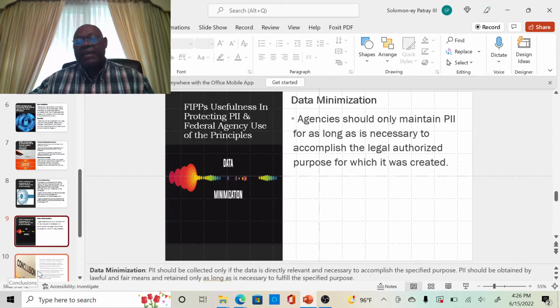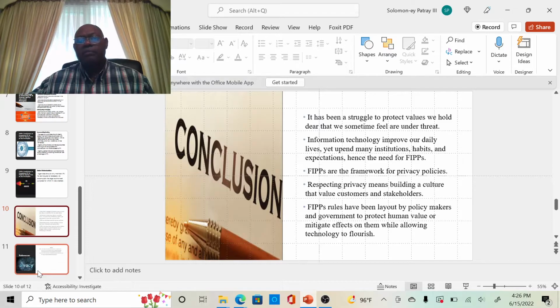In conclusion, it has been a struggle to protect values we hold dear that we sometimes feel are under threat. Information technologies improve our daily lives, yet they upend many institutional habits and expectations.